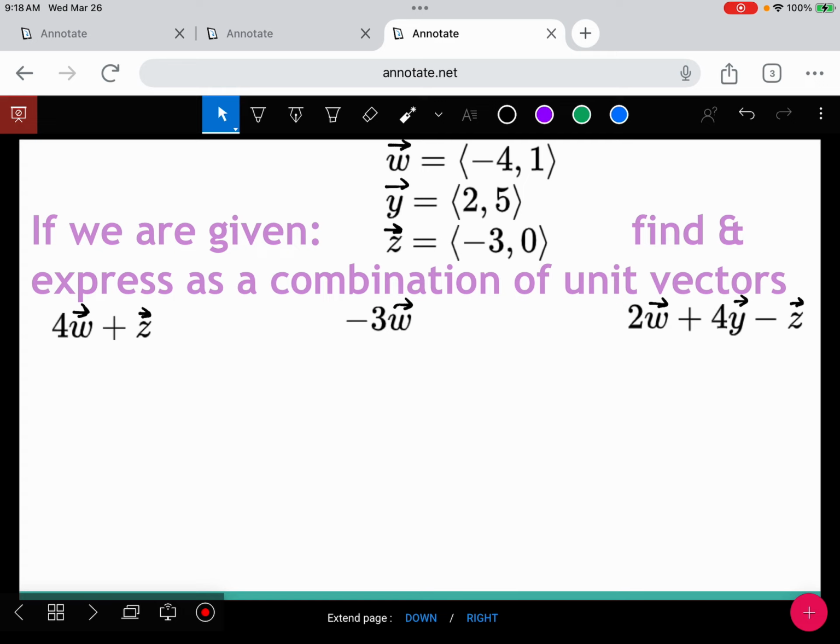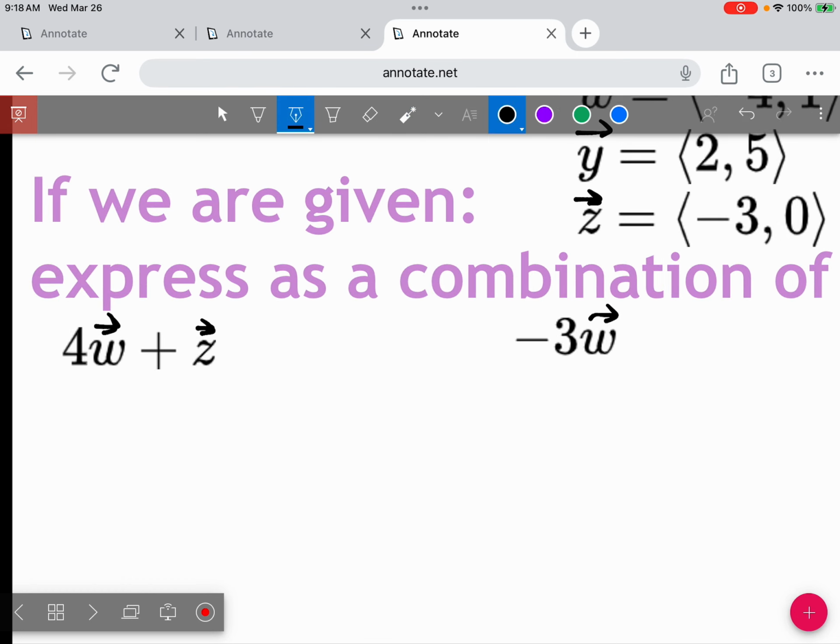So we're going to start by looking at this 4w plus z. The first thing I'm going to say is we're going to look at 4 times vector w. So if we have 4 times vector w, well, w is the -4, 1, right?